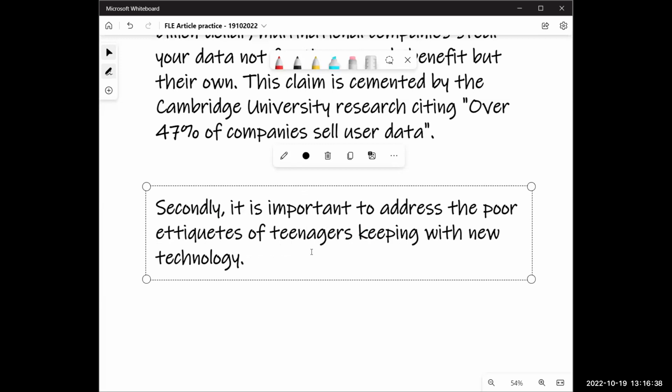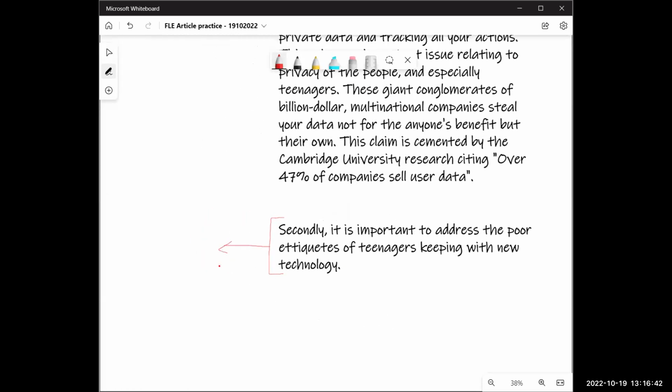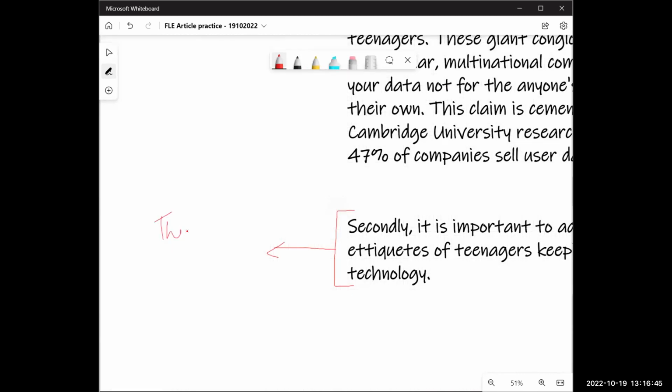That's my thesis statement. Now, Rachit, what is the meaning of thesis statement? A thesis sentence. Do you know? No, sir.